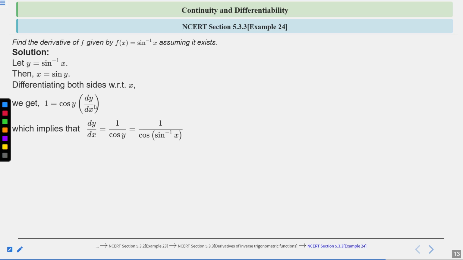Now we can observe that this is defined only for cos y not equal to 0, because if cos y becomes 0, then the denominator will be 0, which is not defined. For any function, the denominator cannot be equal to 0. Clear?